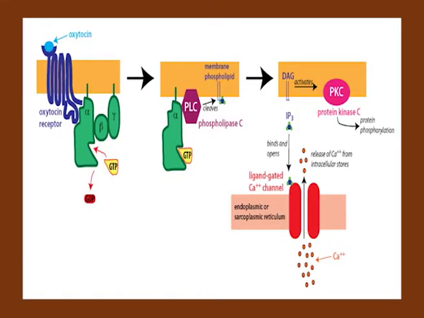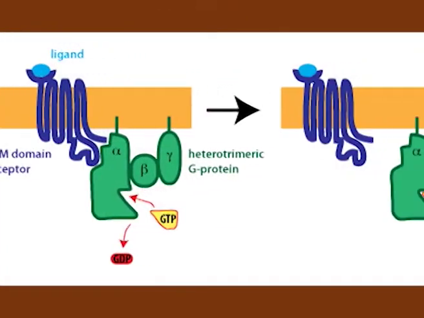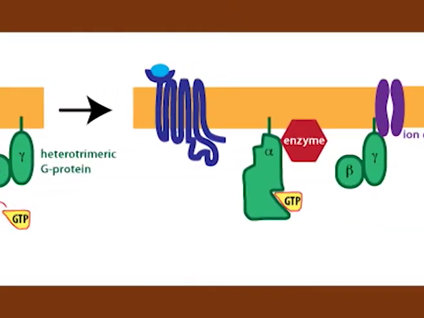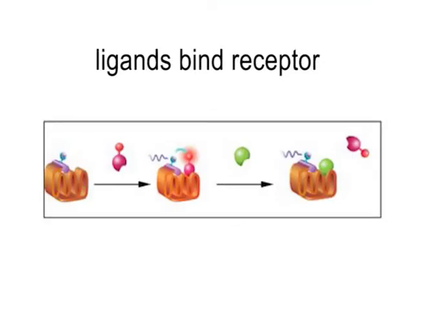GPCRs are associated with a heterotrimeric G protein, that is, a G protein composed of 3 different subunits: alpha, beta and gamma. The subunits are tethered at the membrane surface by a covalently attached lipid molecule. When a ligand binds the receptor, the activated G protein dissociates into an alpha subunit, G alpha, and a beta-gamma complex.